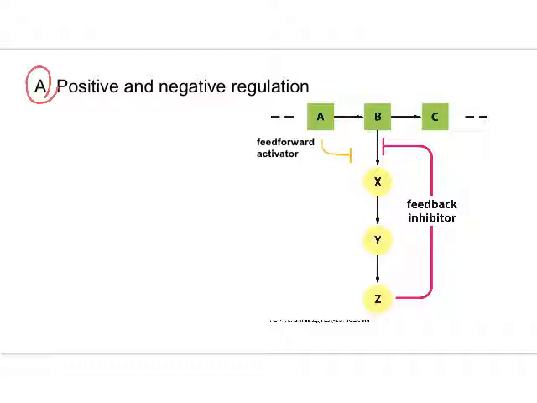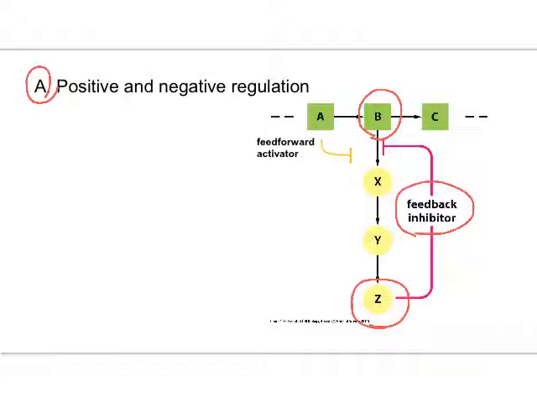So this figure shows that feedback inhibition regulates, or inhibits, further progress toward the product of the reaction. So, for example, in this figure, B is the reactant for the final product Z, and this is a common type of inhibition called feedback inhibition, and Z would be the feedback inhibitor.